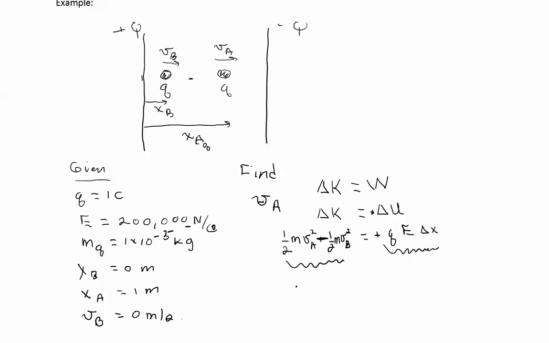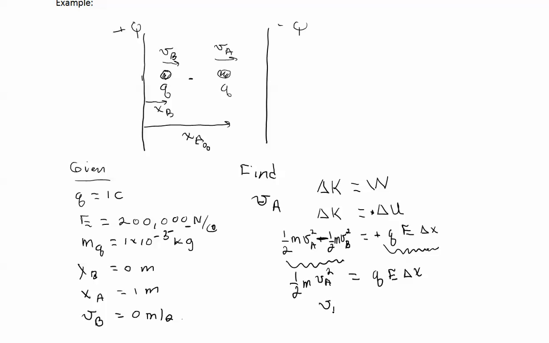So if I do my algebra, since V sub b is 0, I have 1/2 m v sub A squared is equal to the change in the potential energy.